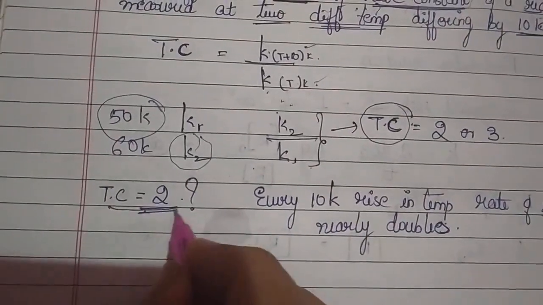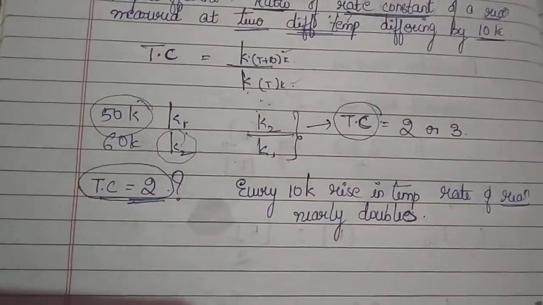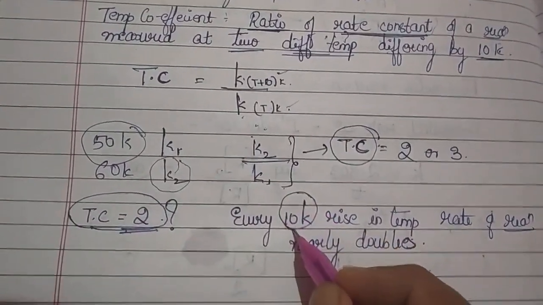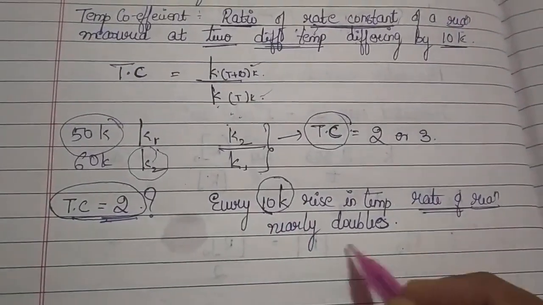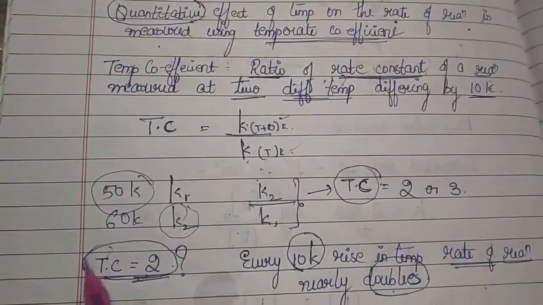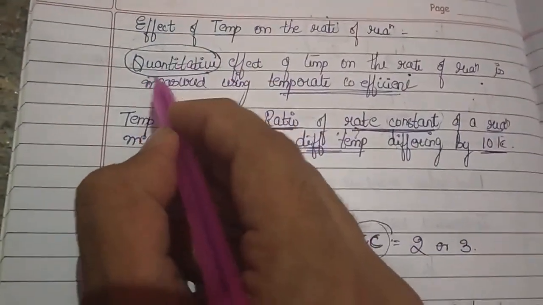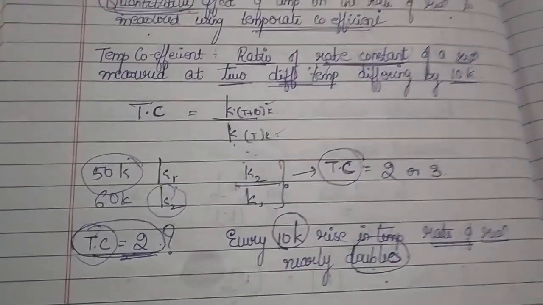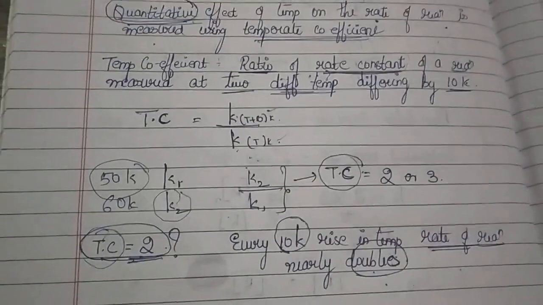If we get a temperature coefficient equal to 2, that means for every 10 Kelvin rise in temperature, the rate of the reaction nearly gets doubled. That is the reason we call the temperature coefficient the quantitative effect. We are able to measure how many times the rate of the reaction is increased.